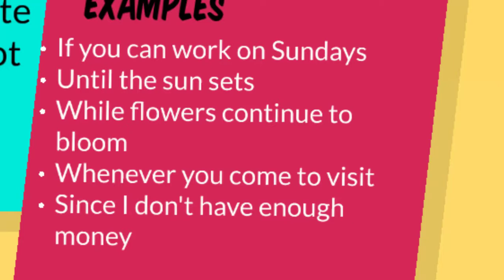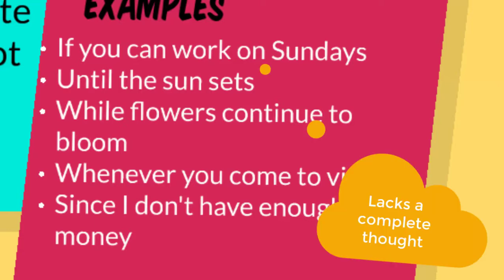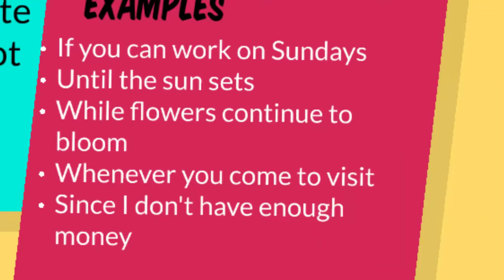Is there a verb? Can work, right? So there is a subject and a verb. Is it a complete thought? Not really. It says if you can work on Sundays, there's something missing, right? So this is a dependent clause for the reason that it cannot stand alone.